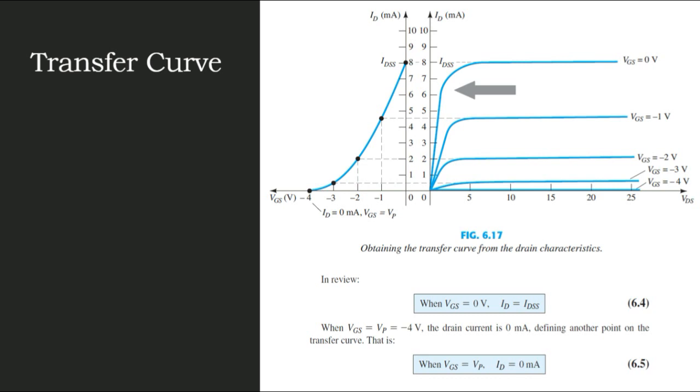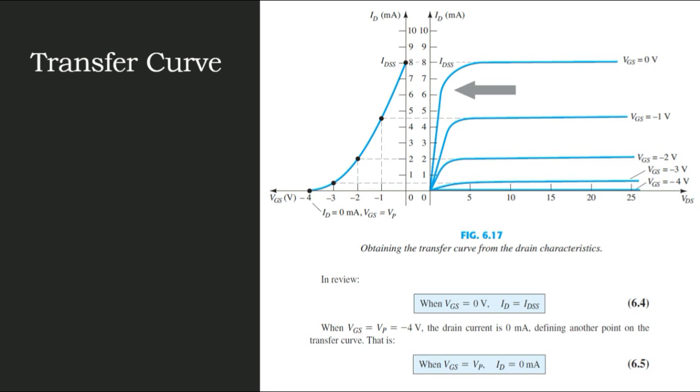You can see 5 volt, 10 volt, 15 volt, 20 volt, 25 volt, so there is no change in current. Similarly, if we change the value of VGS, we can see a little difference in the drain current. So we have different values of drain current for different values of VGS.